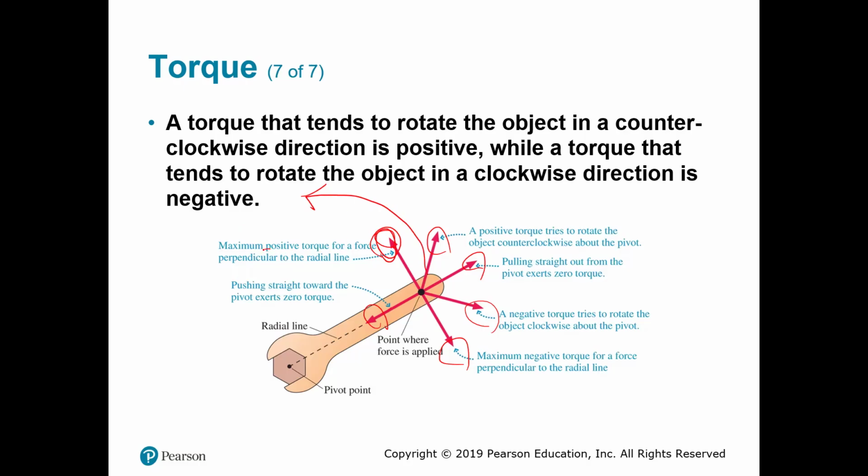So that's why this gives you maximum positive torque. While with this torque, if you apply your force this way, the whole wrench will rotate this way, right? And then you will have a negative torque because the wrench will rotate in a clockwise fashion. Again, counterclockwise rotation, positive; clockwise rotation, negative.